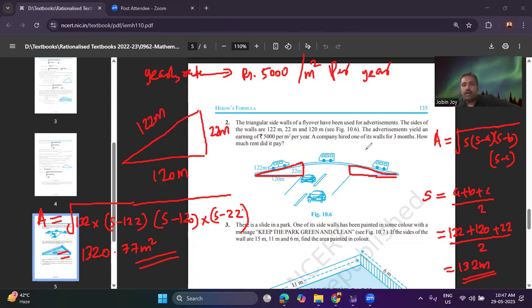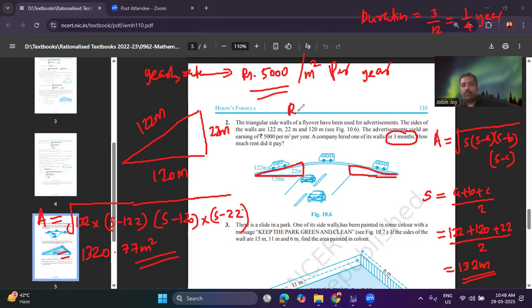And the company hired one of its walls only for 3 months. So 3 months means the duration will be 3 by 12, right? Not for the full year, only for 3 months. That is equal to 1 by 4 year only. Full year rate is rupees 5,000 per meter square, but the duration is only 1 by 4th year.